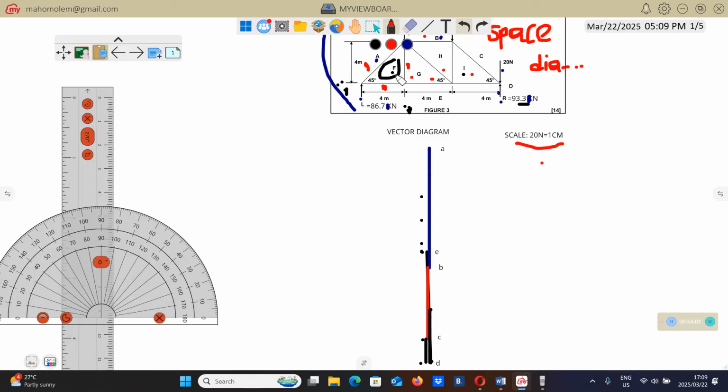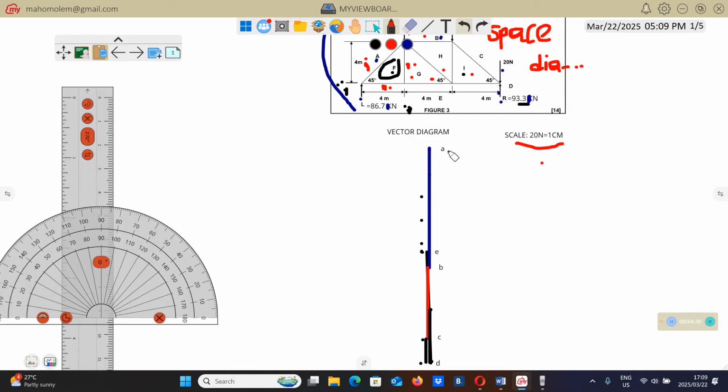So we have these three spaces that we can use, which are A, E, and G. But we only need two spaces. We don't need three actually, we need two. And make sure that those two that you choose must already be located or available here on this vector diagram.